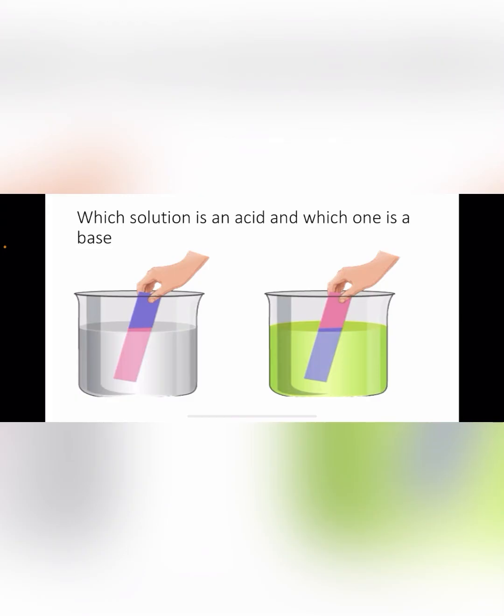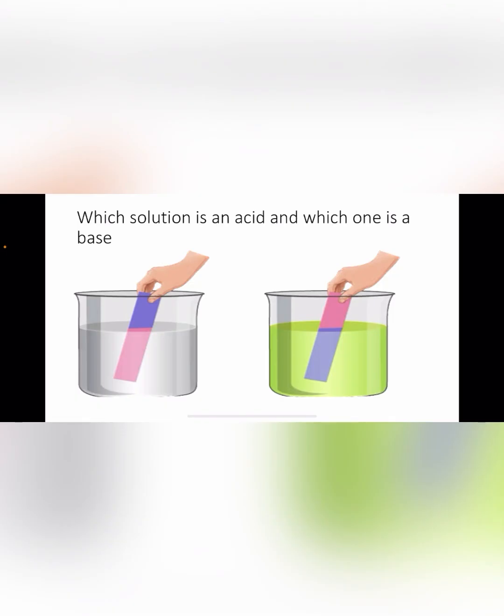Now let's look at these examples. Let's do this. Which solution is an acid and which one is a base? So let's look at the two. We can solve this in groups. Find someone you can pair with and come up with an answer.